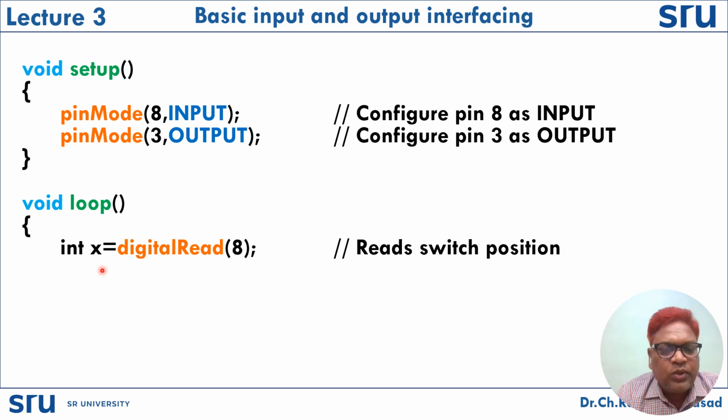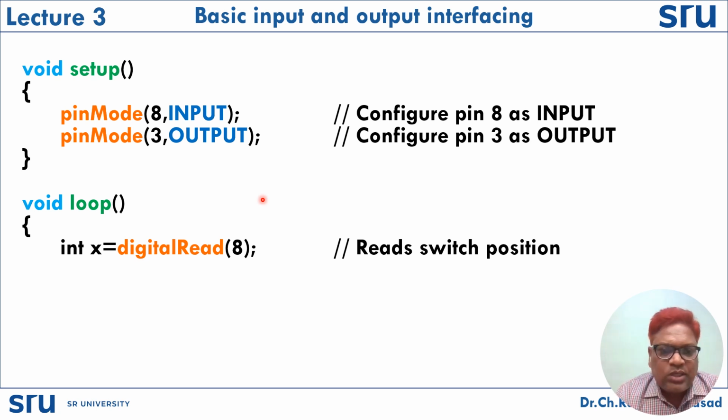Here we have only two possibilities, so I declared the data type for this variable as int. That means x may contain either 0 or 1. As per our circuit, if the switch is pressed, logic 1 is available. If the switch is open, logic 0 is available.